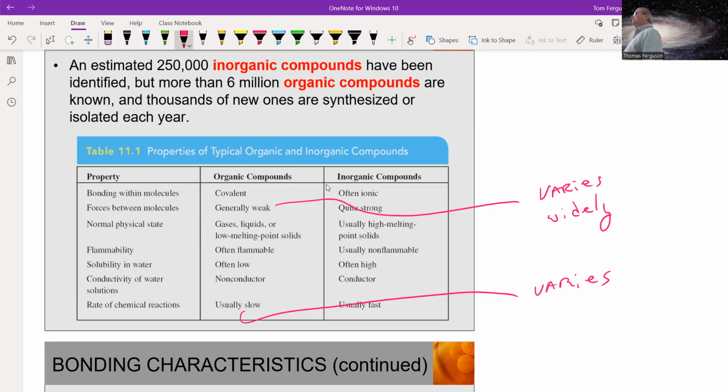Who's heard of TNT? Trinitrotoluene. That's an explosive. So is that reaction slow or fast? It's freaking fast. So it varies. A lot of reactions are slow, depending on the structure of what you're starting with. If what you're starting with is typically unstable, the reaction's fast because it wants to become more stable, like TNT.